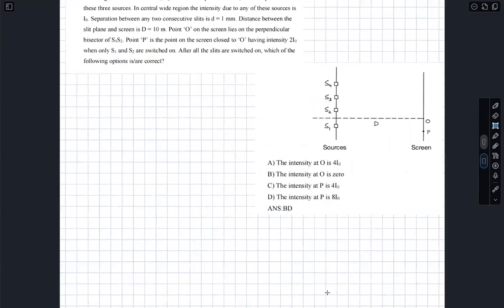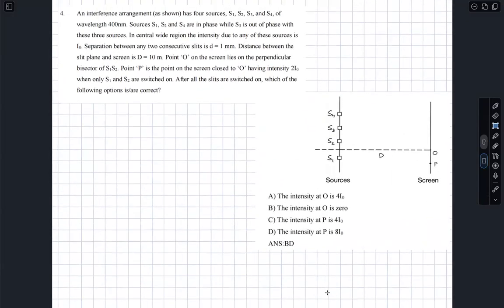Right. You have an interference arrangement. Shown has 4 sources, S1, S2, S3, S4. Wavelength lambda is equal to 400 nanometer.